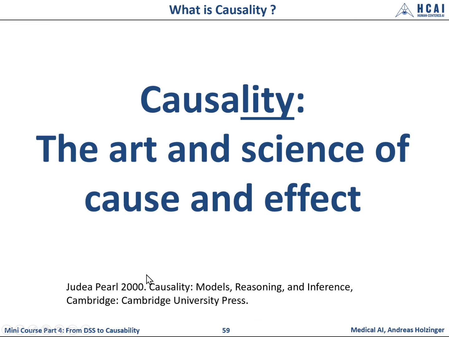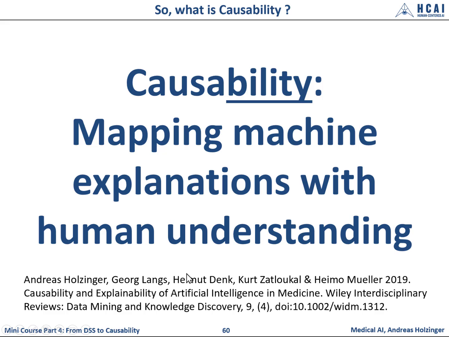So this enables us to study causality in the sense of Judea Pearl, as we have learned before, the art of cause and effect. And we have extended this causality principle to causability. We introduced causability as the measurable extent to which an explanation received from such an explainable AI technique achieves a specified level of causal understanding.